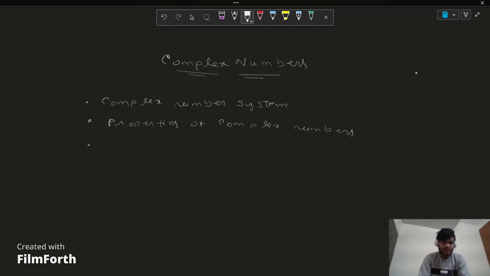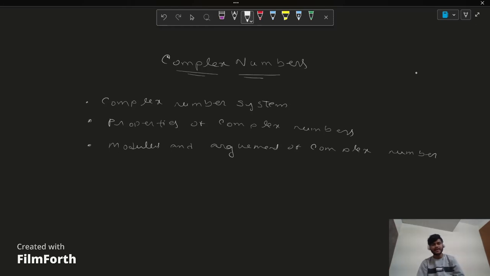Then I will define what a modulus is and the argument of a complex number, and some properties related to that.